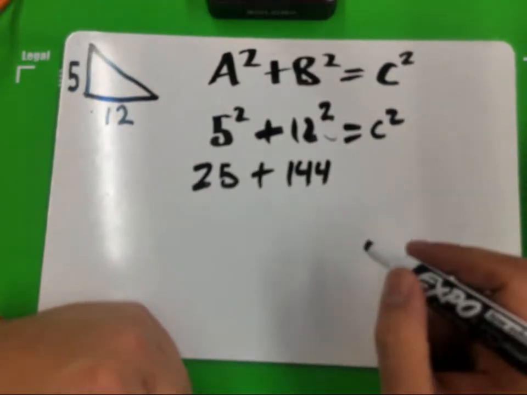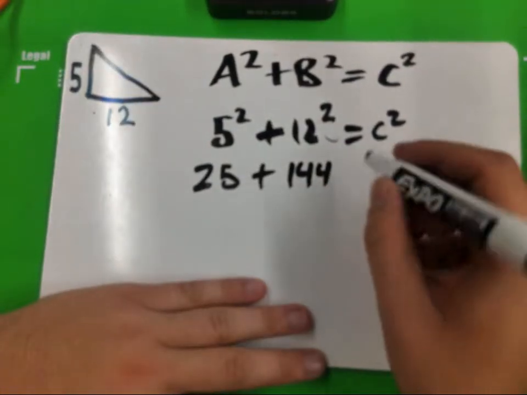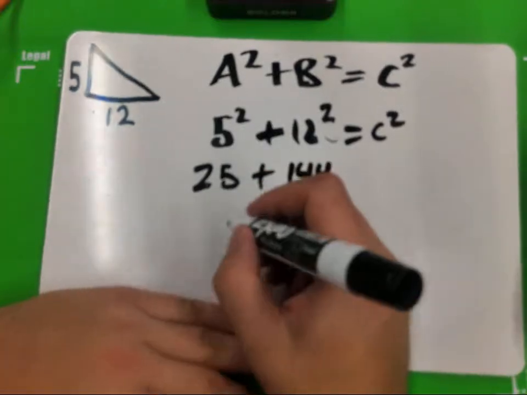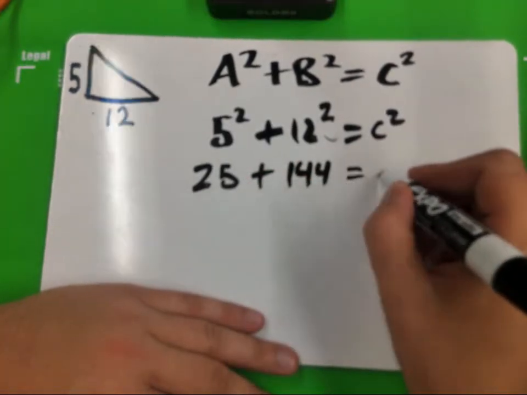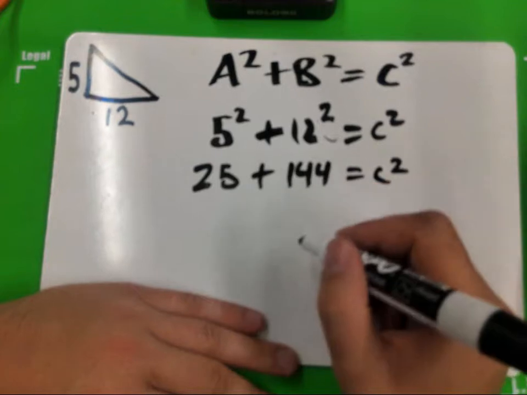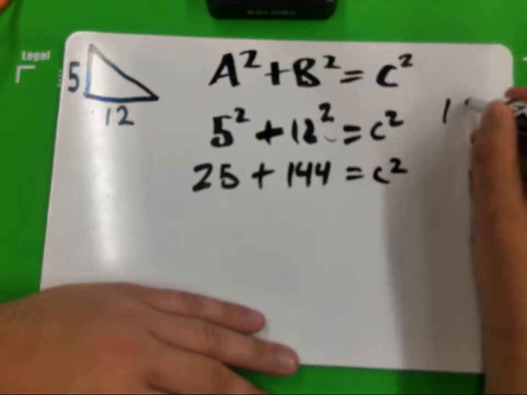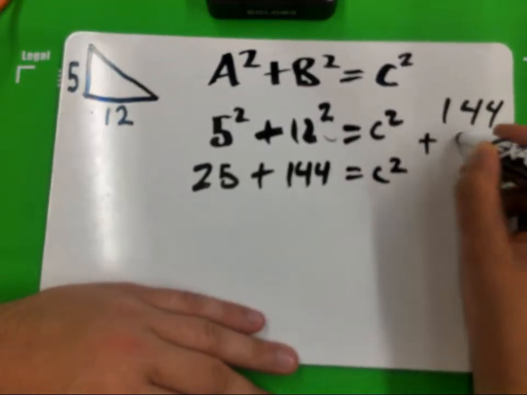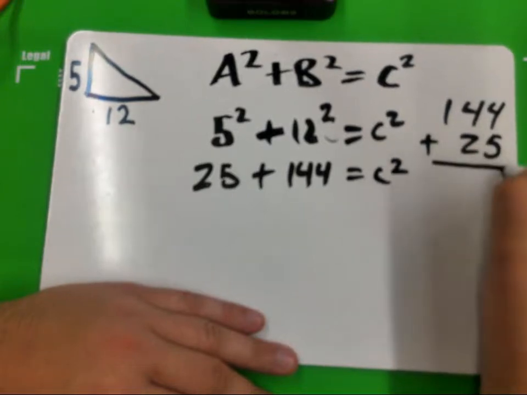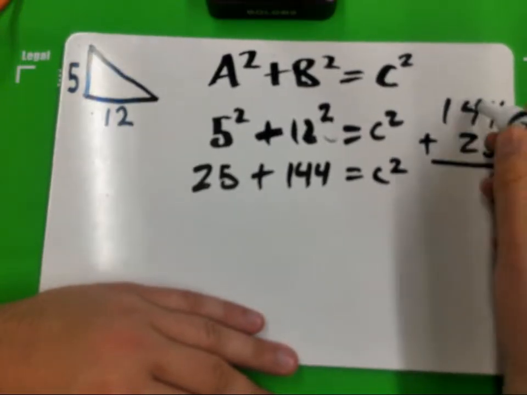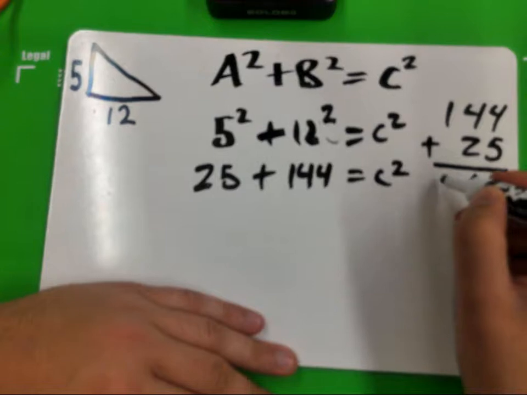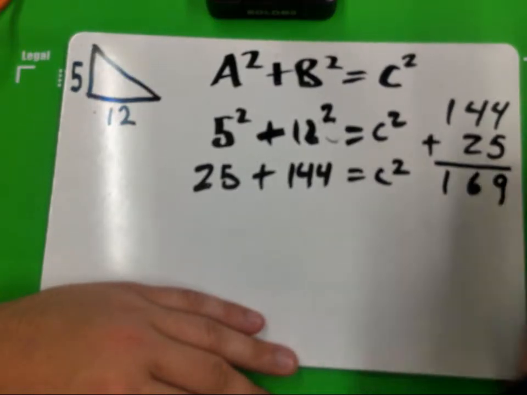You guys know these from practicing with our chart and our math games that we've been playing in class. So that's going to equal C squared. 25 plus 144, if I do it over here, 4 plus 5 is 9, 4 plus 2 is 6, and 1, 169.